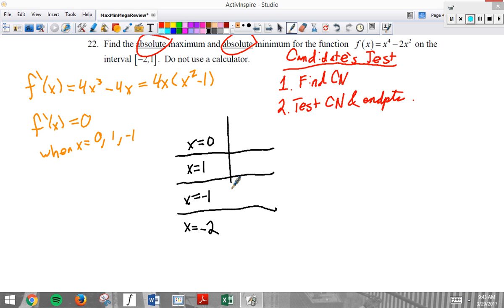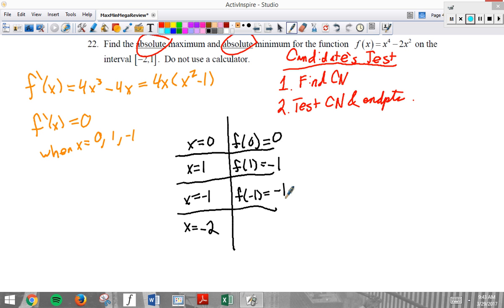Now, what's on the other side? f, not f prime, of 0. What's that? 0. f, not f prime, of 1. Negative 1. f of negative 1.